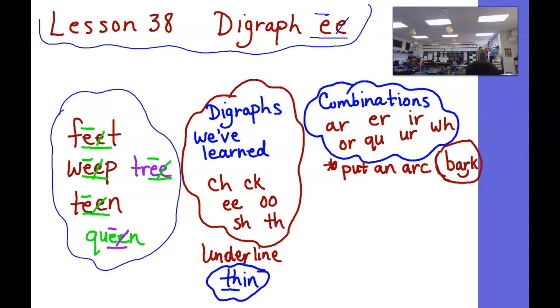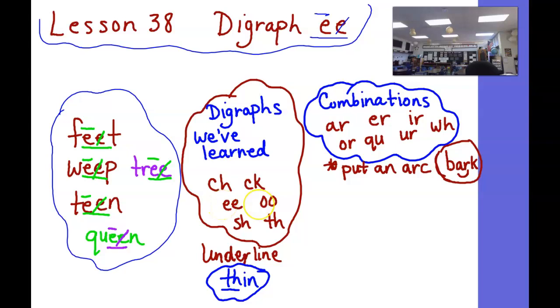All right, take a look at the middle bubble. These are some digraphs that we have already talked about in other lessons. So these are just reminders for you when you're coding what to do. We've talked about CH, like church or children. We have CK, like duck. We have double E, like we just did for feet.